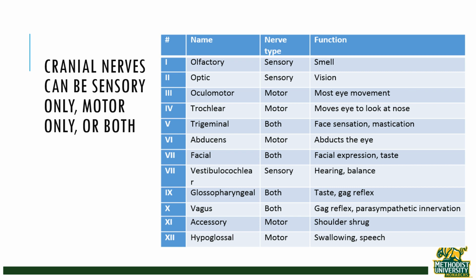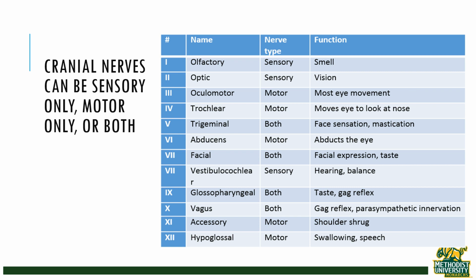3 sends signals not only to the muscles of eye motion, but also, as you remember, to the upper lid, and 3 has some involvement with the pupillary reflex. 5, the trigeminal nerve, which is primarily a sensory nerve, has both sensory and motor involvement.